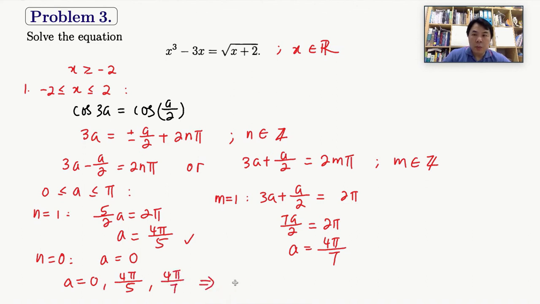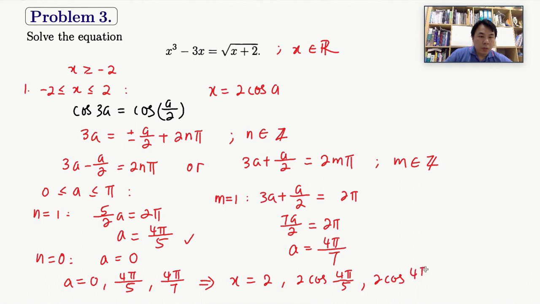We let our x equal to 2 cosine A initially, just to recall that. So our x will be equal to 2 cosine 0, which is 2, and then the next one will be 2 cosine 4π/5, and then finally we have 2 cosine 4π/7 there.